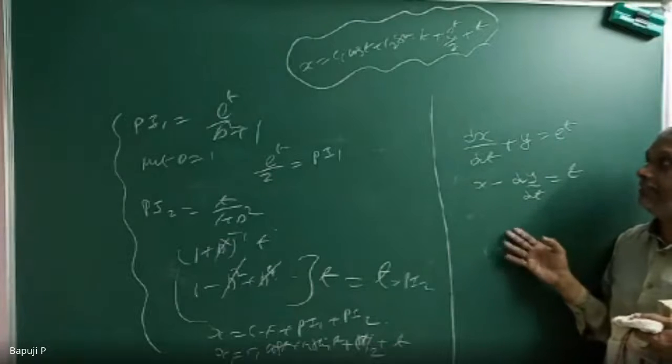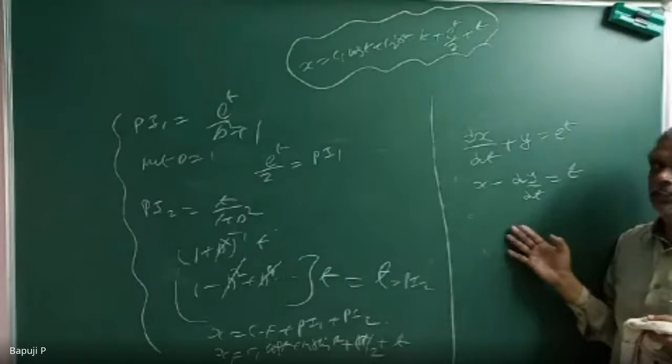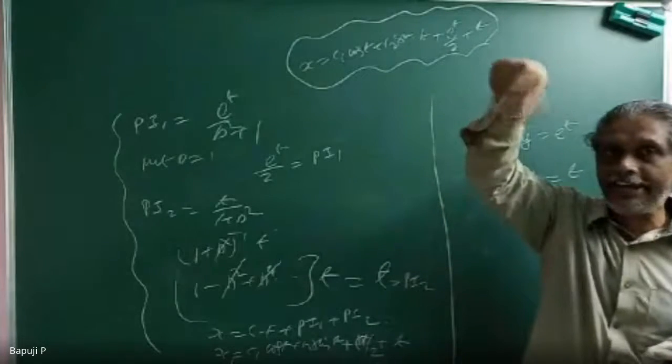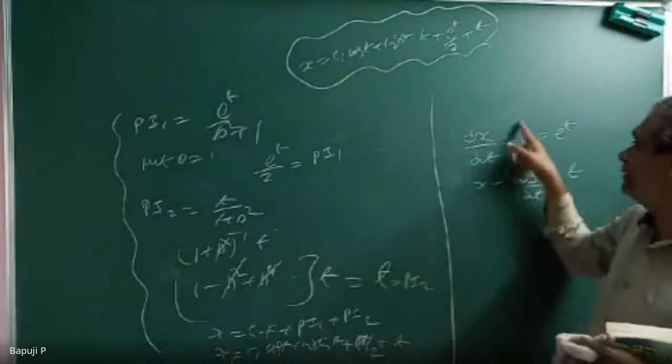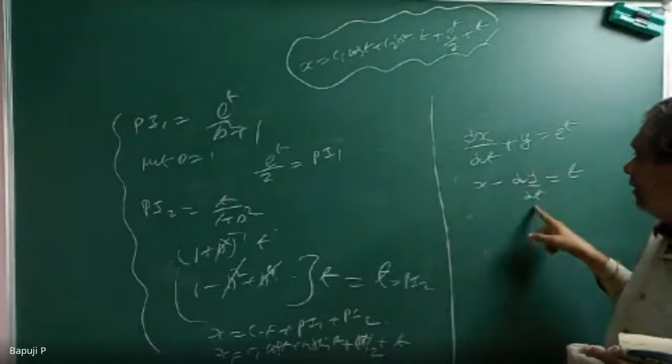Dx, that is dx by dt. Why? Always choose the equation where y stands freely without any operation. Here y stands alone, no operations, simply standing. If you substitute here, dy by dt is equal to x minus t, then y is the integral of that. Correct or not?